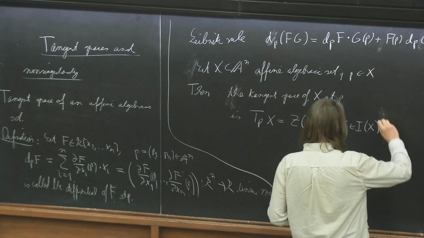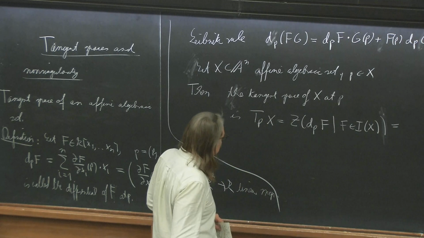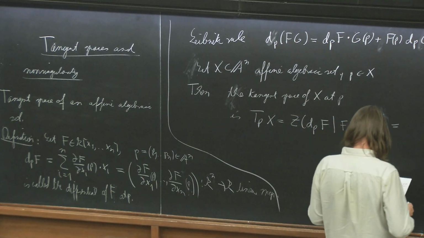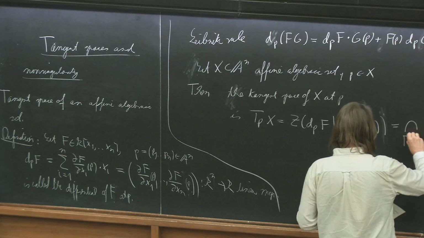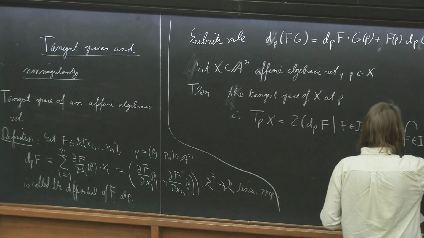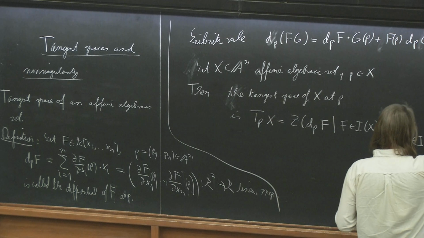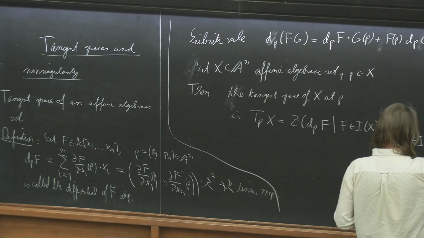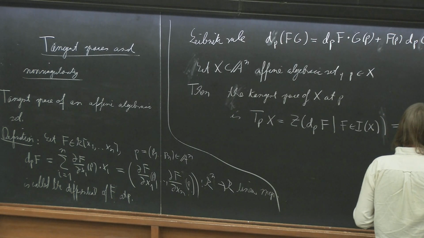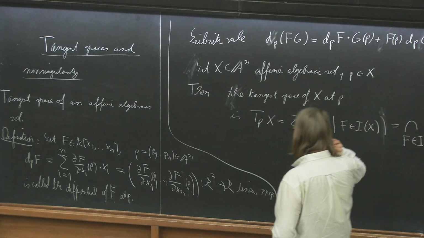Or if you wish, to see that it's actually a vector space, you could also say it's the intersection over all F in the ideal of X of the kernel of the linear map that I just wrote down, the df by dx_1 at p, until df by dx_n.